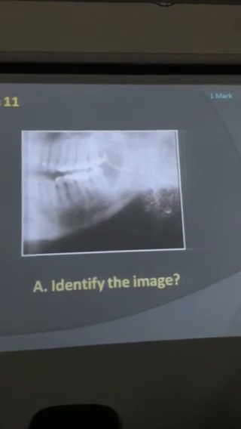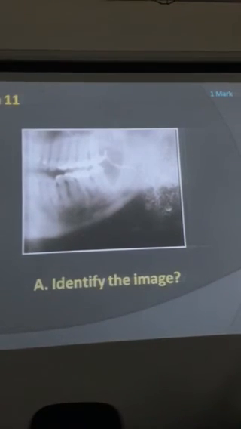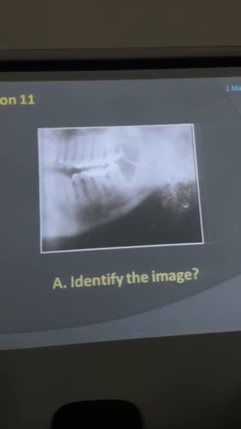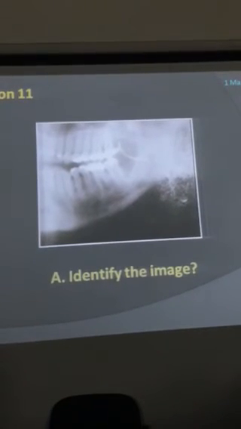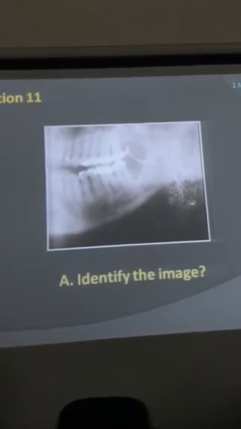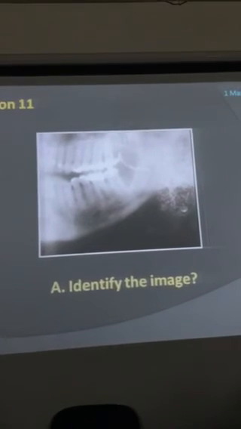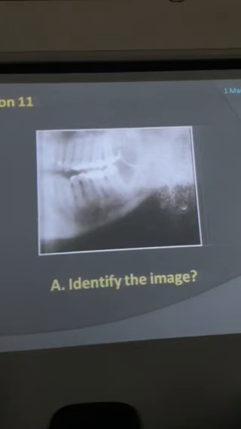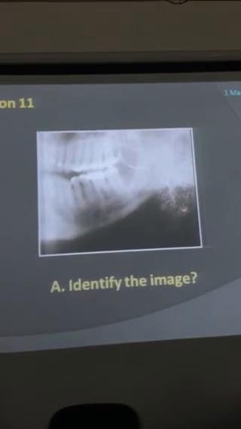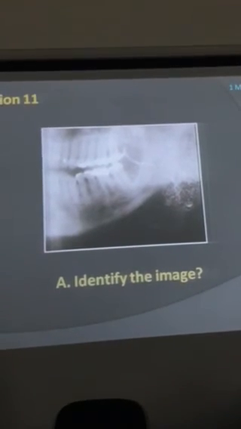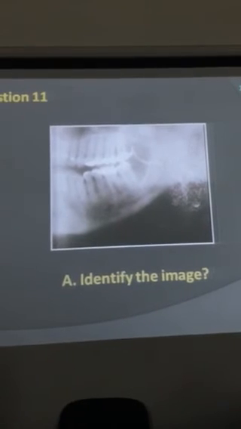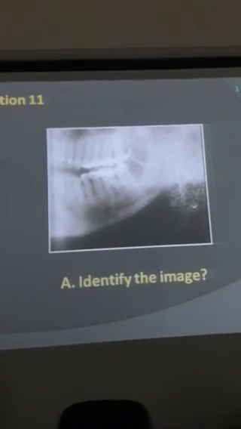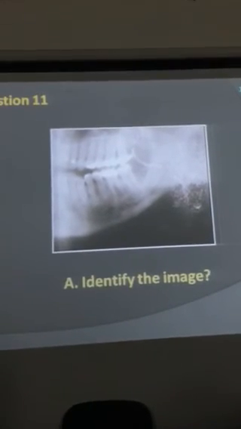Then you remove it and give some chewing gum or lime juice. Because of stimulation, all the contrast medium will come out of the gland. After 5 minutes, one more radiograph. It should be totally empty, nothing remaining inside. If something is remaining, it means there is no salivary gland pumping action, some block in the gland. That is a different story.